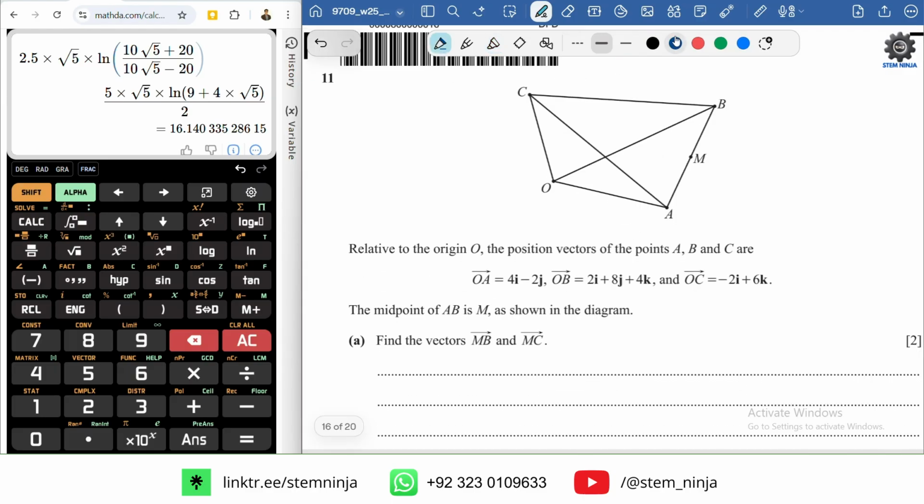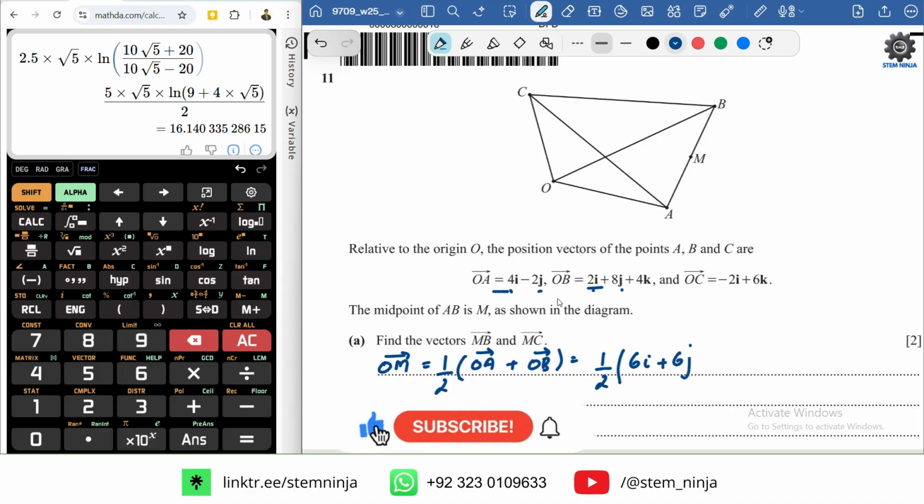Okay, so first off, it's easy to find out the OM. That's going to be half of OA plus OB, because it's a midpoint of AB, right? So half of OA plus OB, 4 plus 2i, 6i, 8 minus 2, 6j, 4k, right?